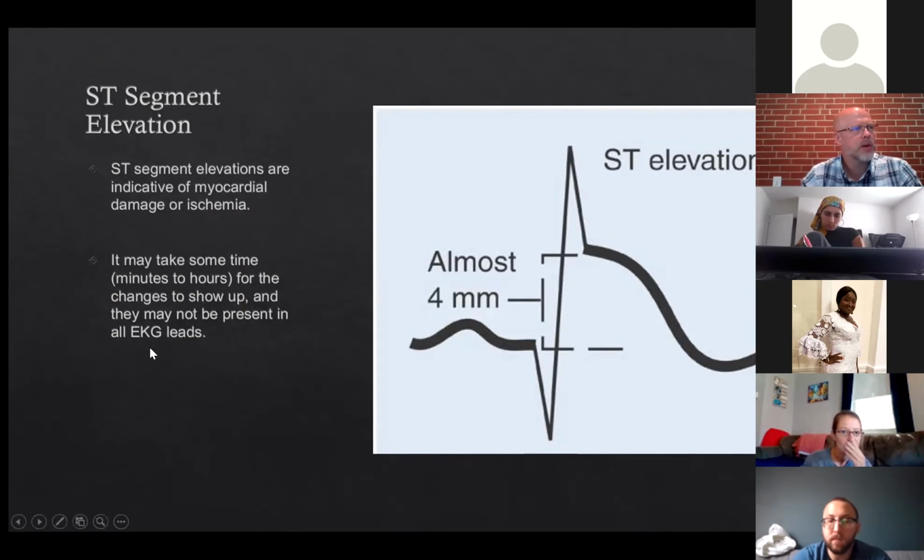It does not always show up right away, but when it does, if they've got ST elevation, they are immediately a candidate for the cath lab. Everybody understand that? So an ST segment MI, called a STEMI, if they're not at a hospital with a cath center, they will be quickly. So Union Memorial has a cath lab, but Good Sam does not. So I get transfers from Good Sam all the time because they need to go to our cath lab and get treated for this heart attack.